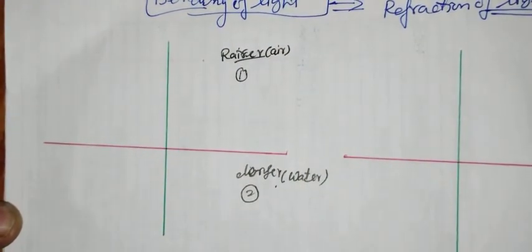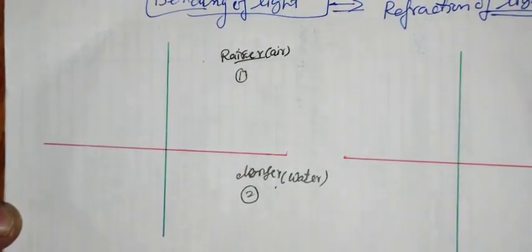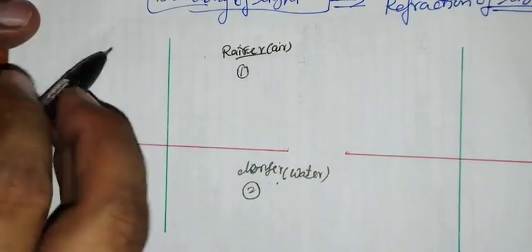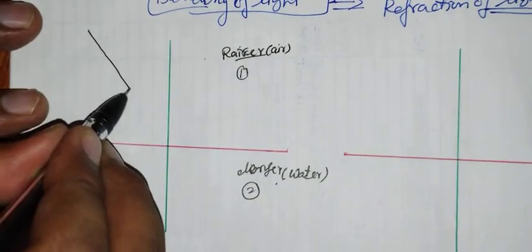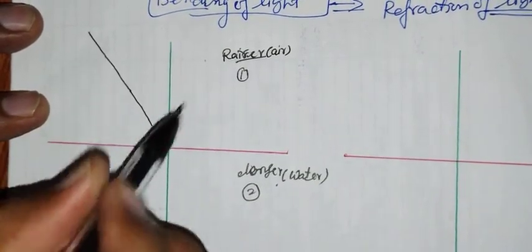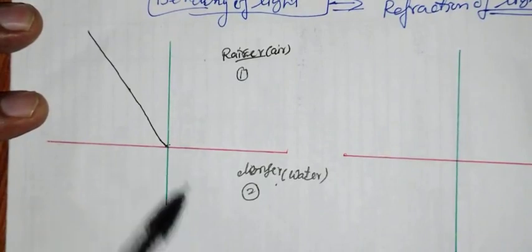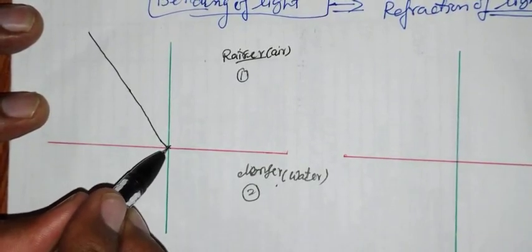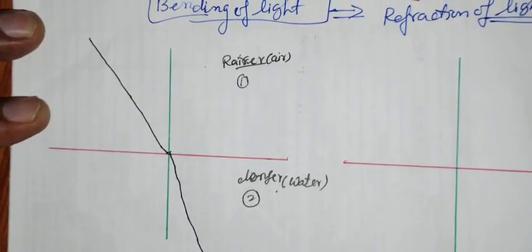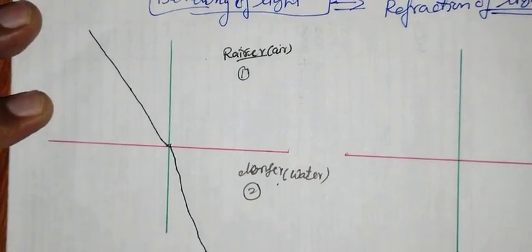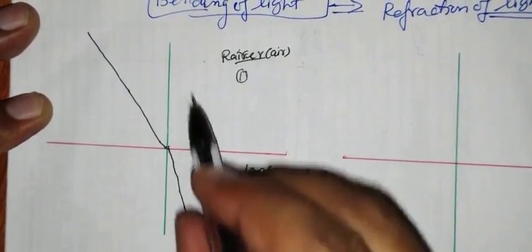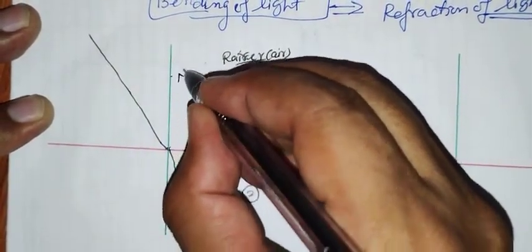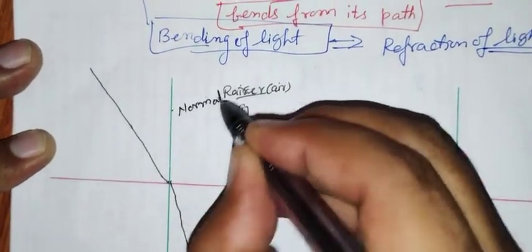And experimentally it is observed that when a ray of light passes from rarer medium to denser medium, it bends towards the normal. See, this is the normal.